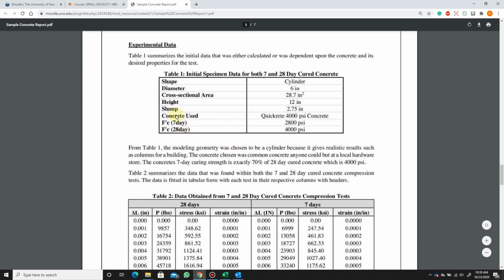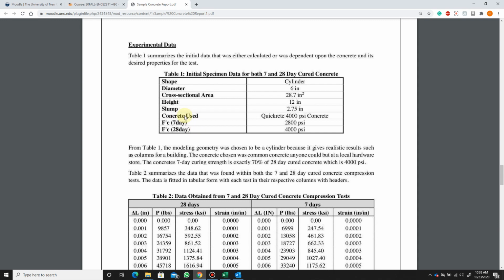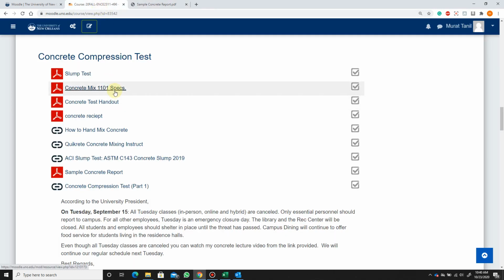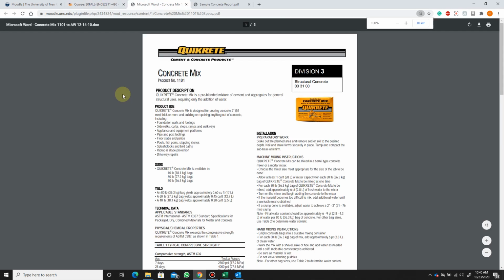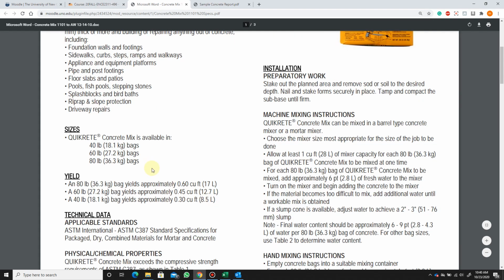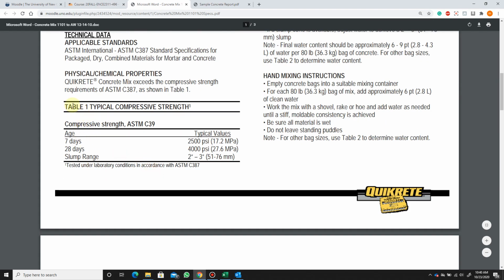You should also include the concrete theoretical strength, the concrete compressive strength that was advertised on the Quikrete, which was 4,000 psi, and you can find that handout right here. If you look at table 1, the typical compressive strength at 7 days is 2,500 psi and at 28 days 4,000 psi.